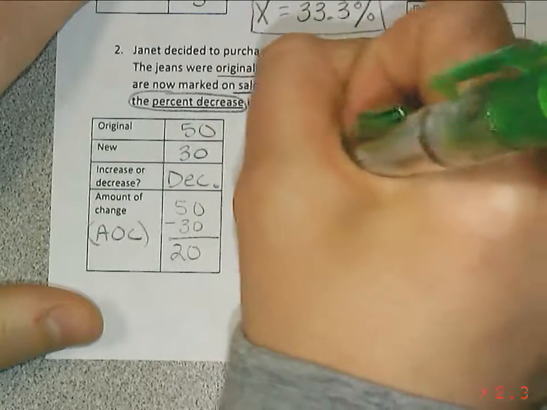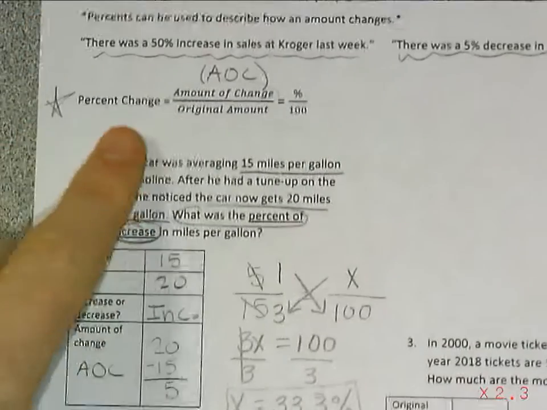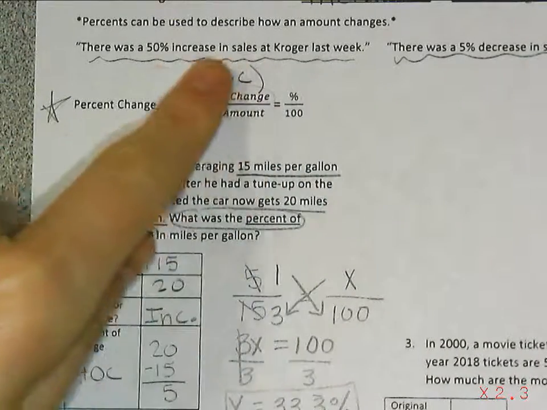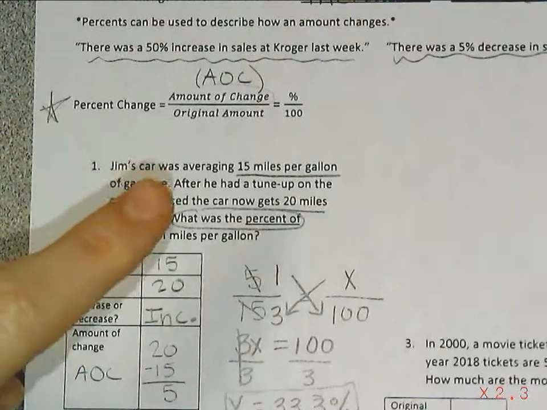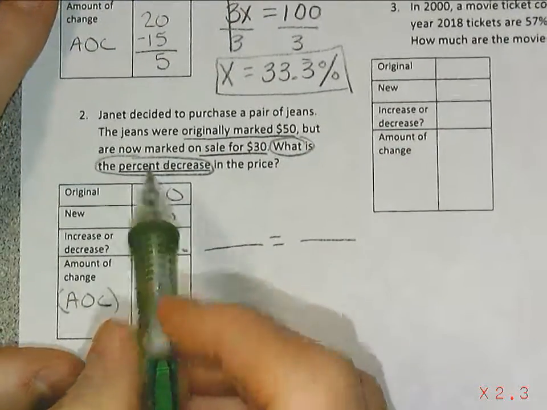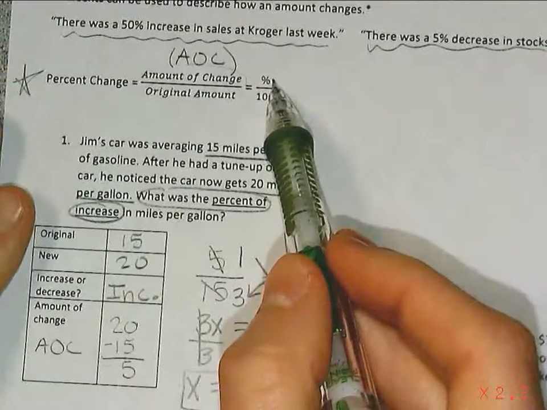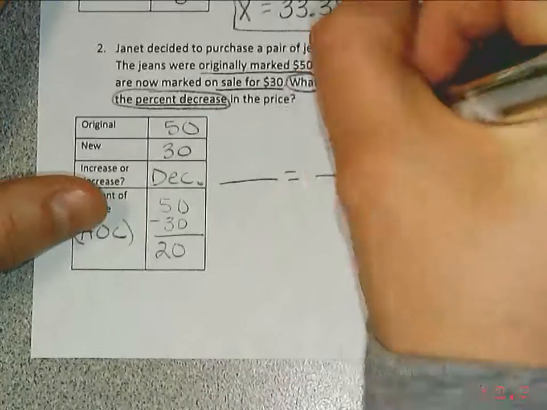This is why I can't teach, because I'm going to be coughing 1,000 times. Now, I have my nice handy dandy setup right here, percent of change, and I want to follow that. I don't know what the percent is. It specifically says, what is the percent? So X will go where the percent sign is, over 100.